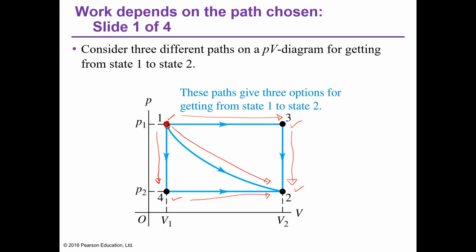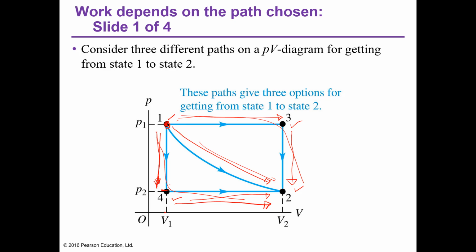And take note, ang work kay gadepende kung unsa nga path imong gipili. Diri ba ka sa taas nga path, kani nga path? Diri ba ka sa ubos nga path o diri ka sa shortcut nga path? So magdepende ang work done sa path nga imong gipili. So take note, kung diri ka moagi sa ubos, first is you are decreasing the pressure at constant volume, and then you are increasing the volume at constant pressure P2.